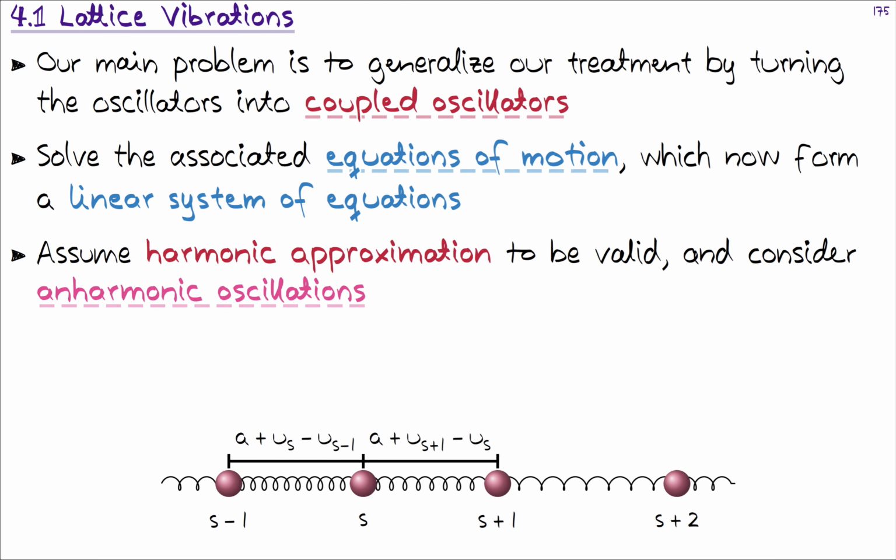But I would like to point out already at this point that we do consider anharmonic oscillations later, and the associated physics. We need to go beyond the harmonic approximation, because, for example, the macroscopic thermal expansion of solids is a phenomenon that requires this kind of extension of the mathematics.